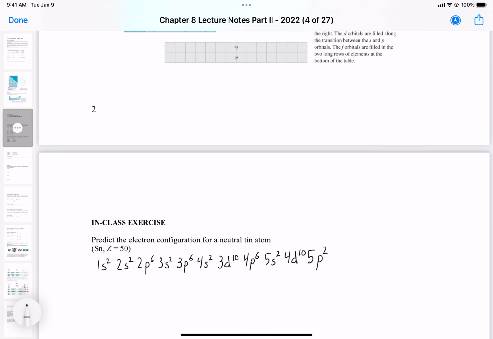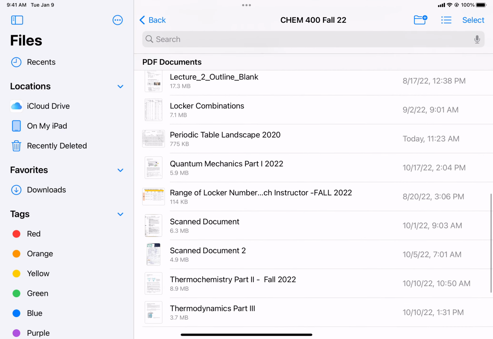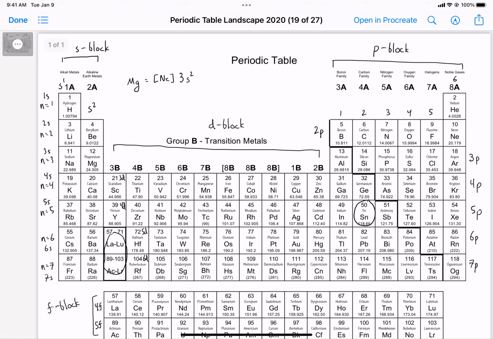Okay. So we can also abbreviate the electron configuration as well. If we go back to our periodic table, we can look at the noble gas configuration that came before tin. That's the principal energy level before n equals 5, so it's krypton here.